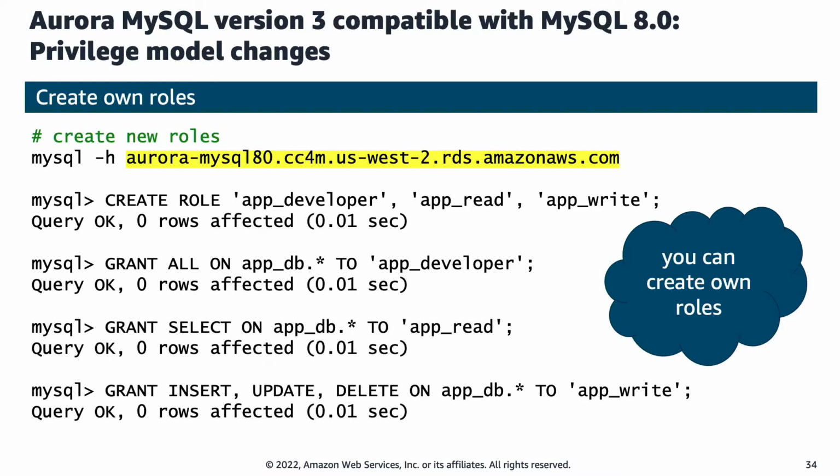So now in Aurora version 3, you can create your own role. You can assign privileges to the role, and you can assign your roles to the users. So it's another convenient thing so that you can manage your users with roles in Aurora version 3.